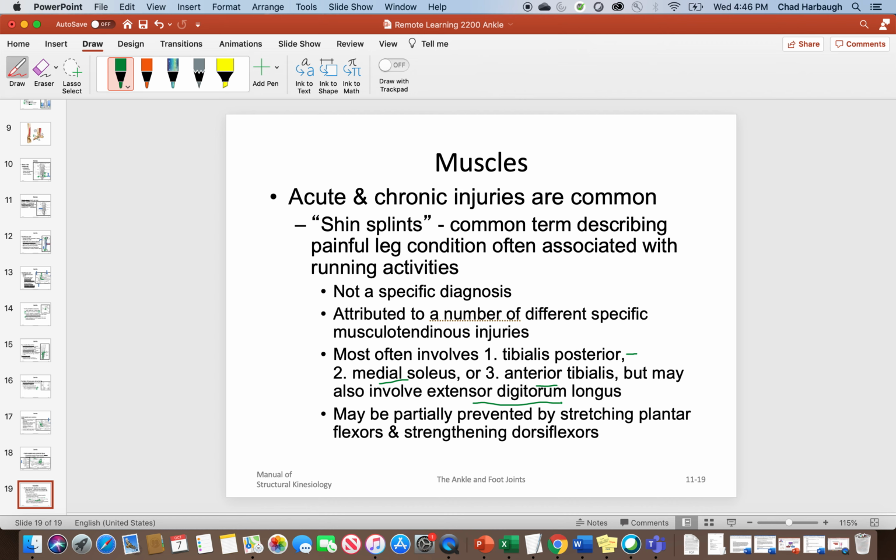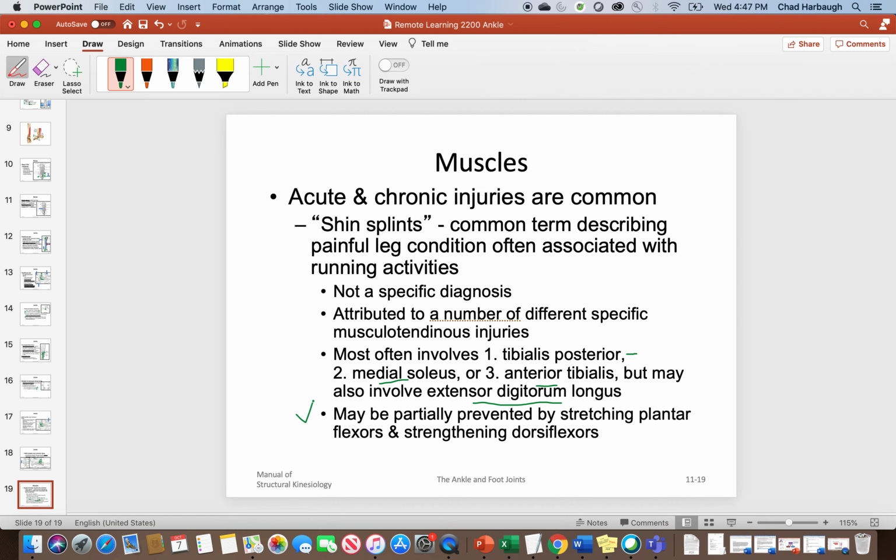So we know with this scenario, the easiest way to cure acute shin splints would be the RICE scenario, where you're using rest, ice, compression, and elevation. But for the chronic condition, it's going to require longer periods of rest.